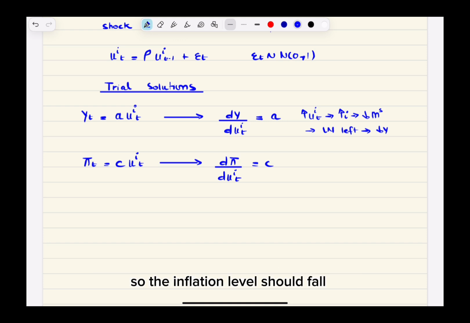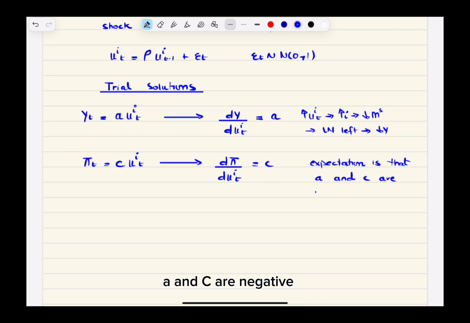So the inflation level should fall. So my expectation is that A and C are negative.